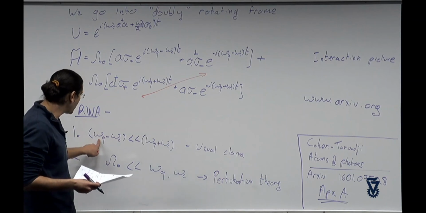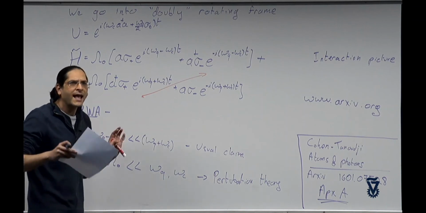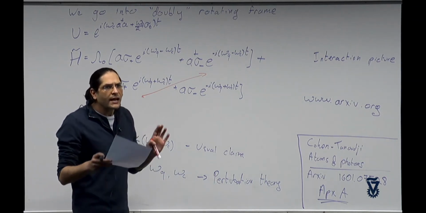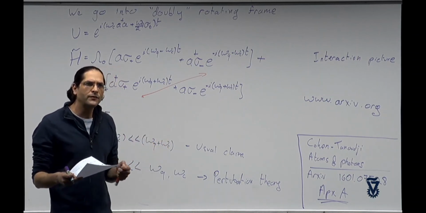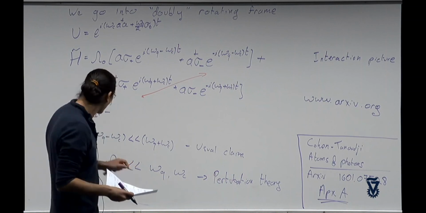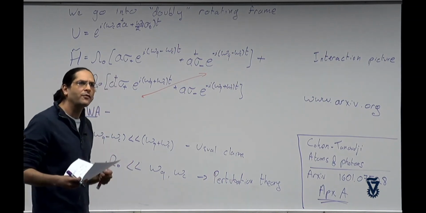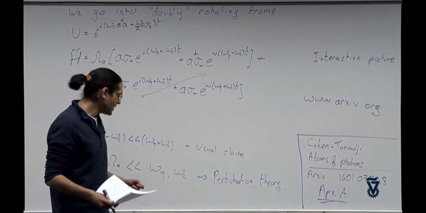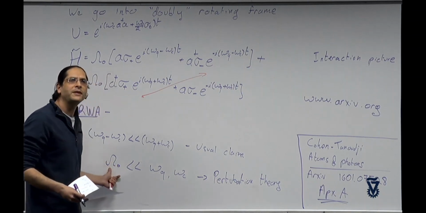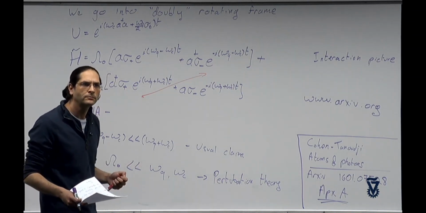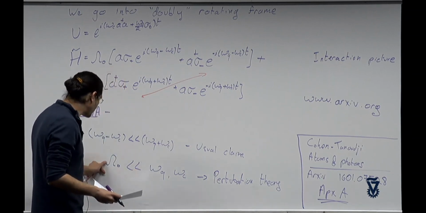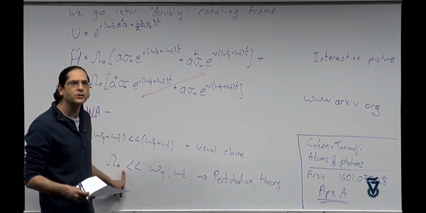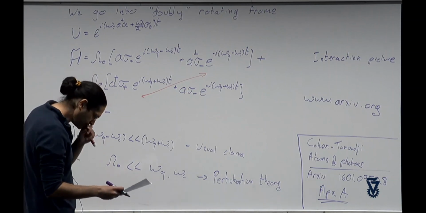So omega q minus omega c can be slightly smaller, but on the order of omega q and omega c themselves, and the rotating wave approximation will still hold, given that omega naught is sufficiently small. Okay? So I would say the more stringent requirement is this one.